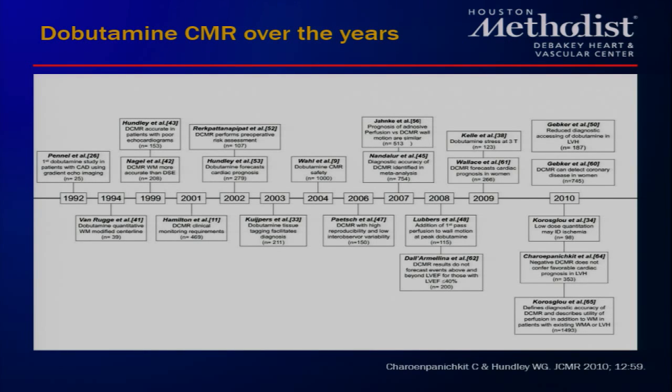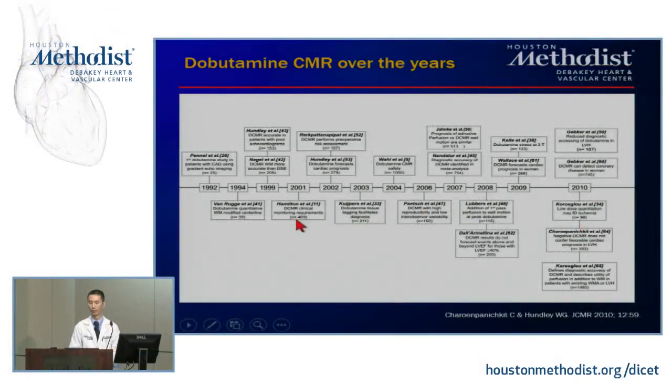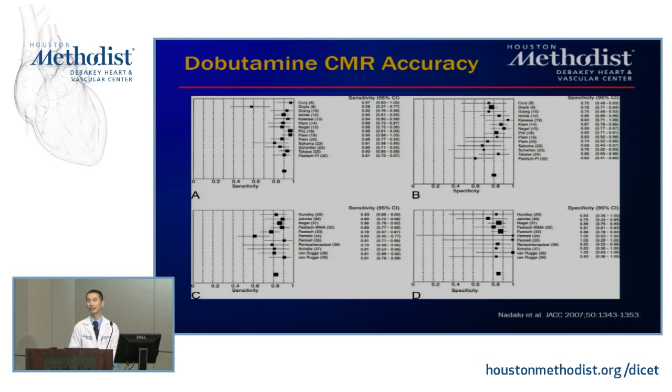And like I said, there's been quite a bit of data using Dobutamine CMR over the years. And you can see there are quite a lot of trials that were done establishing its reproducibility, reliability, and comparing it to different other modalities, all the way from 1992 to more recently. And in terms of studies, there were actually about 37 studies done using stress CMR, about a third of which, 14 really, that looked at dobutamine.